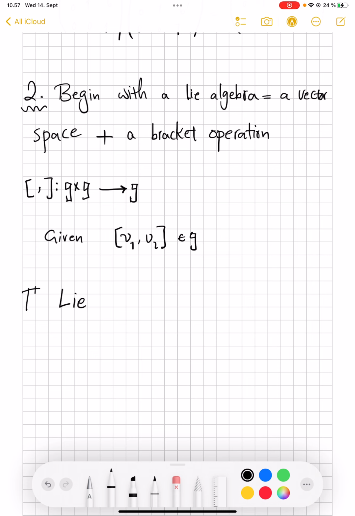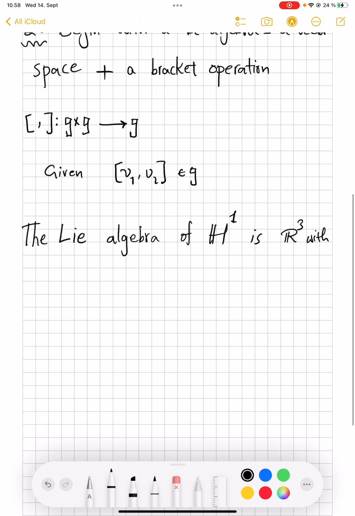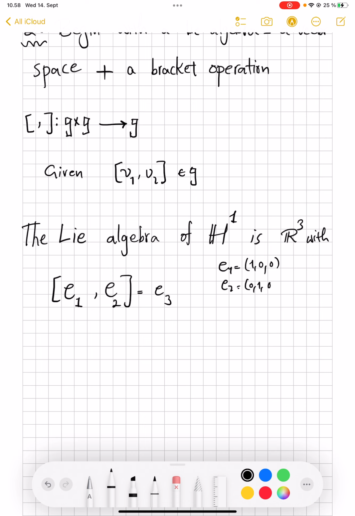The Lie algebra of the first Heisenberg group is R3, as a vector space, with the bracket operation that E1 bracketed with E2 is E3. Here E1 to me is (1, 0, 0), E2 is (0, 1, 0), and E3 is (0, 0, 1).